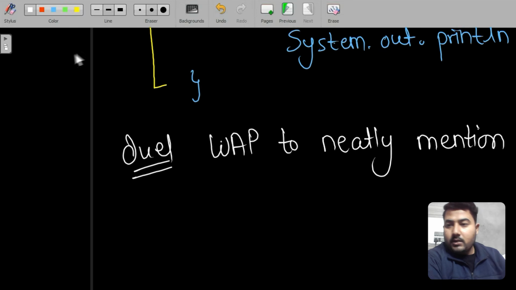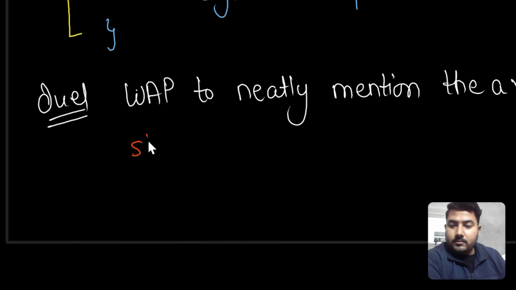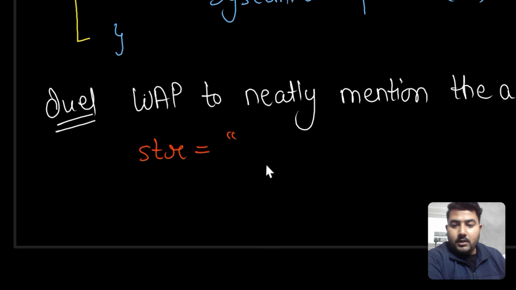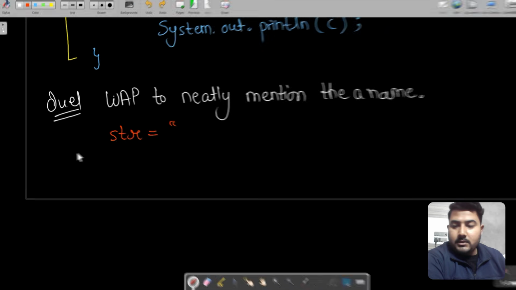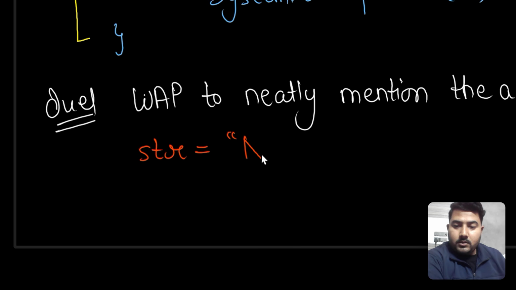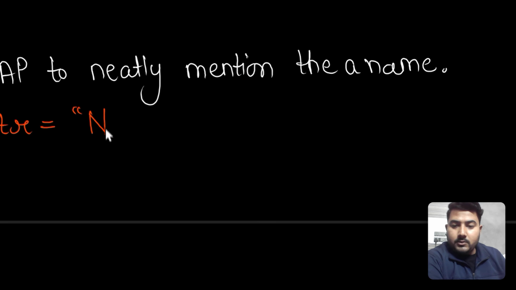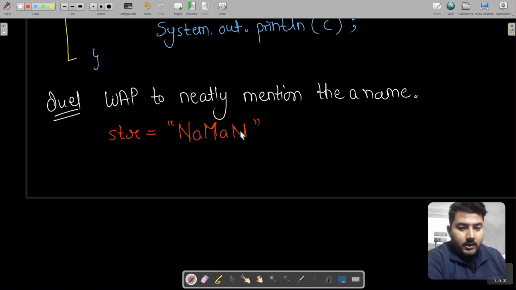In this question, we will be given a string which can be something like, let's suppose I am talking about one name as Naman. Let's suppose it looks like this: N, a capital M, a capital N. We need to simply change it so that it will look neat and clean.